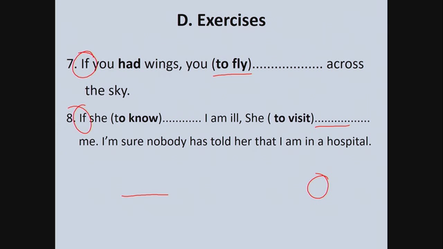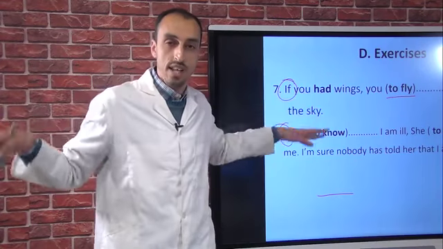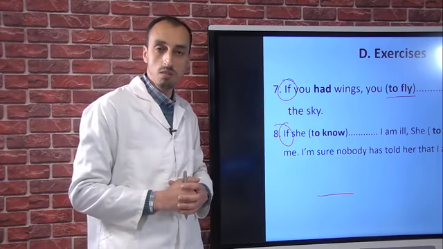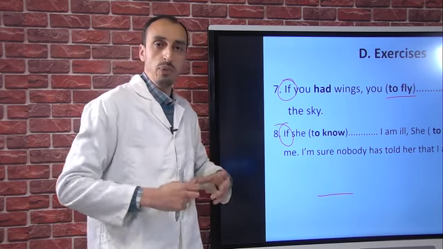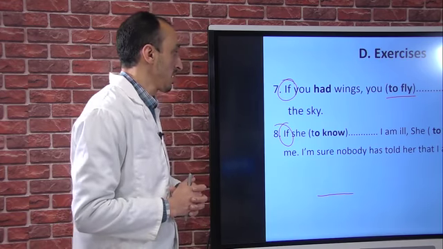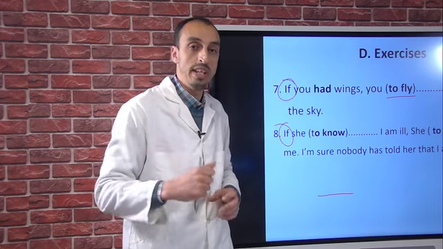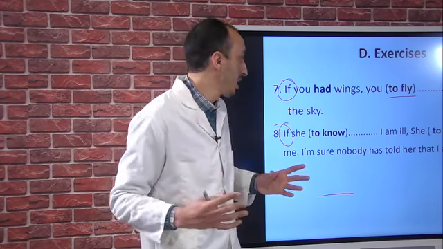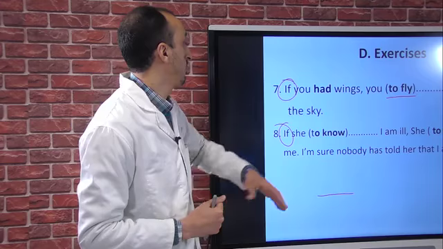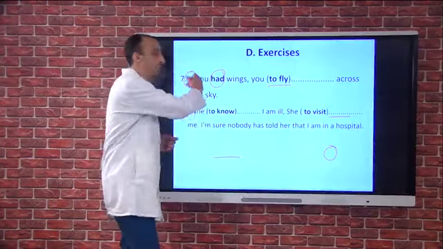Now, number 7. If you had wings. So is that possible? Well, that's kind of weird, right? So that's conditional type 2. It's something that is unreal. So we have the past simple here.